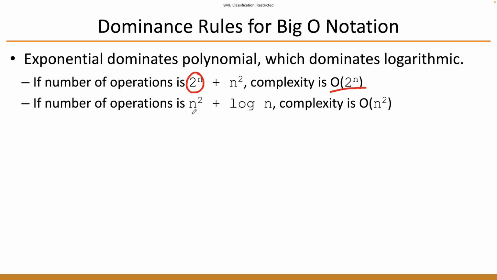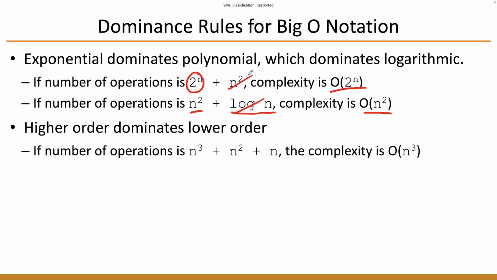Here is another example of domination. You have one term, n squared, which is a polynomial term, and then you have another term, log n. We know that this is a term that will grow very, very slowly. Because of that, we say that the n squared term is more dominating, more important. So when we write the final complexity in the form of big O notation, we can drop log n from consideration. In the previous case, we dropped n squared from consideration. We can also include multiple terms that belong to the same class, for example n cubed, n squared, and also n.